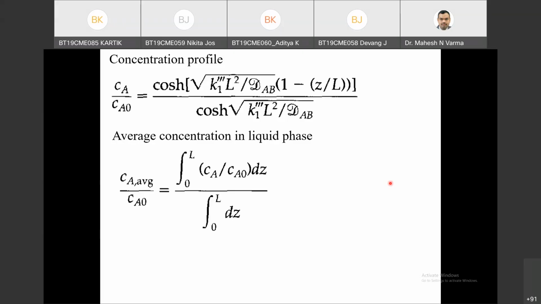So mathematics plays a very important role in transport phenomena. Transport phenomena means heat transfer, mass transfer, momentum transfer. In fact, kinetics, thermodynamics. So mathematics is the backbone of engineering, not chemical engineering only, it's all engineering.